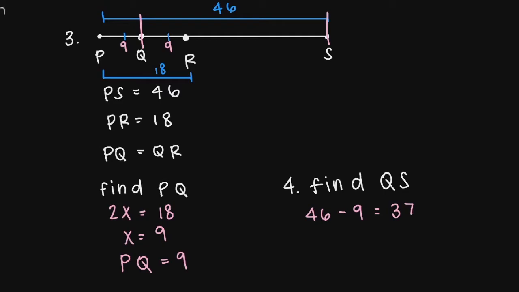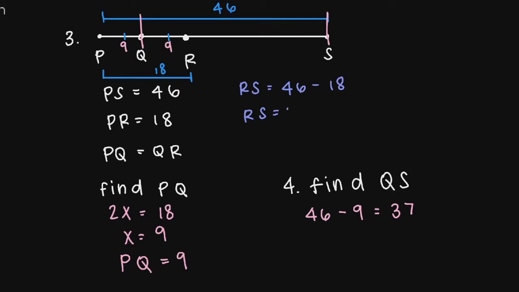There's also another way to solve this. You can also find the length of RS. So if the entire length is 46 and PR is 18, then we can subtract and get RS. So RS would equal 46 minus 18.